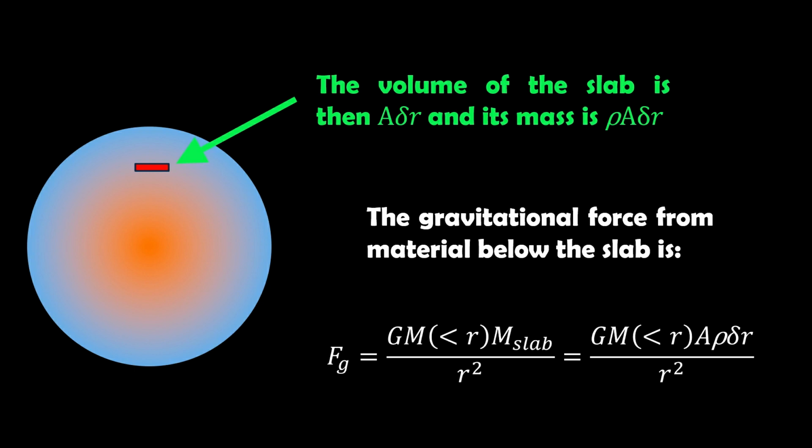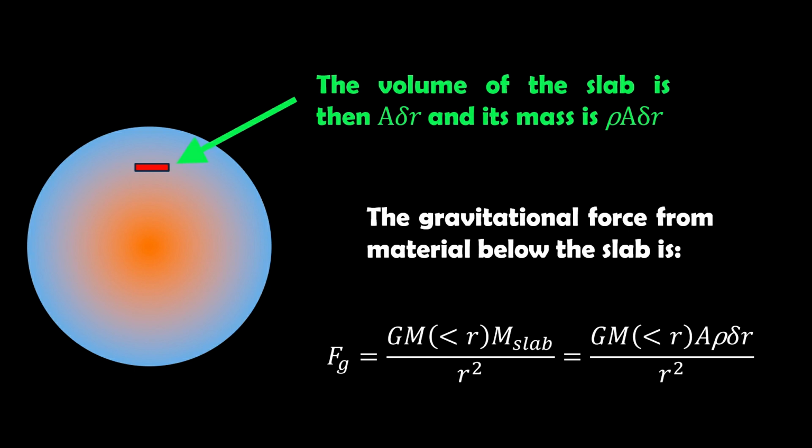Now, the volume of the slab can be given as A delta R, so that's the area times its thickness, and we can then write its mass as the density times the volume, so the density times the area times the thickness delta R. And then we can also write the gravitational force acting on that slab from the material below, which is written at the bottom there.